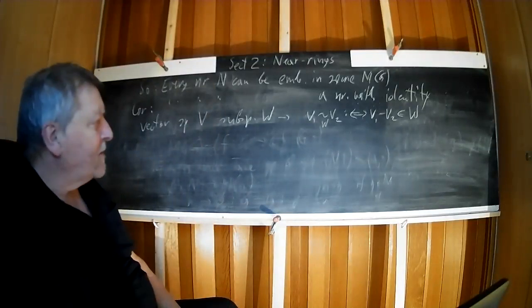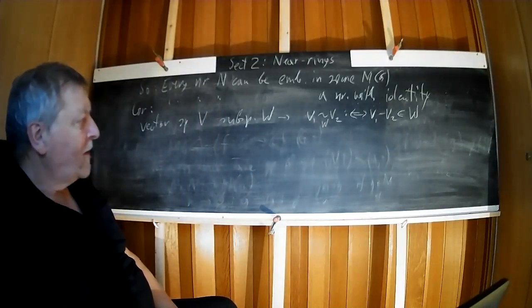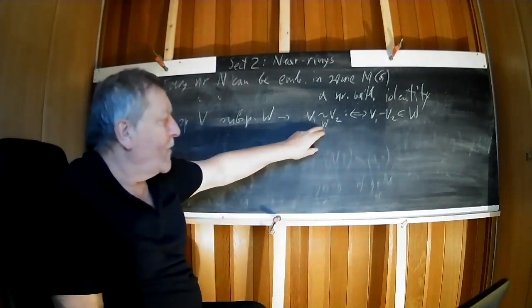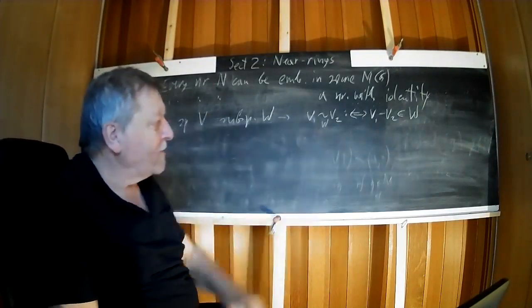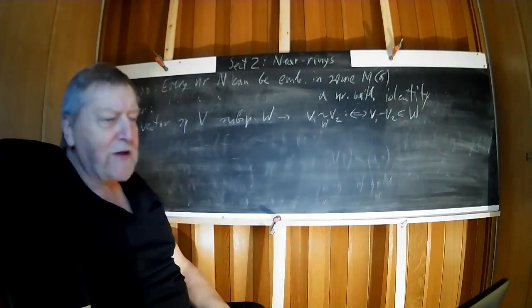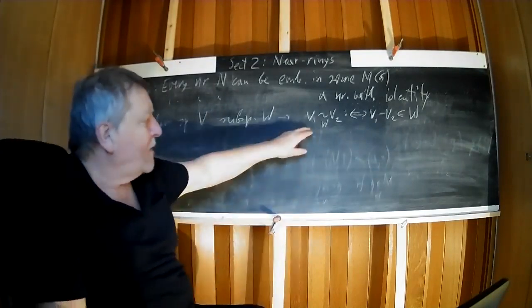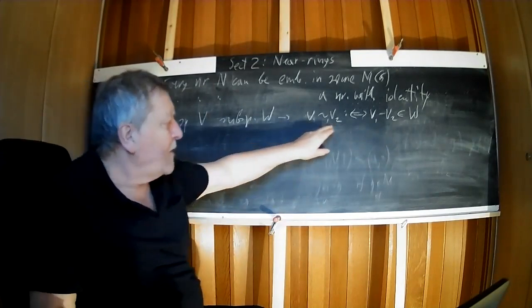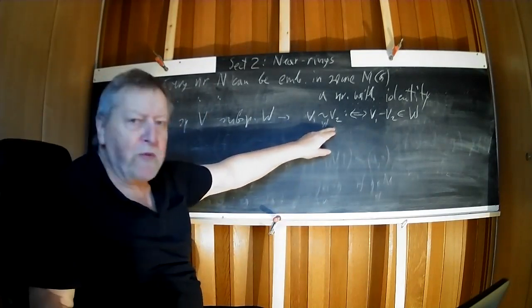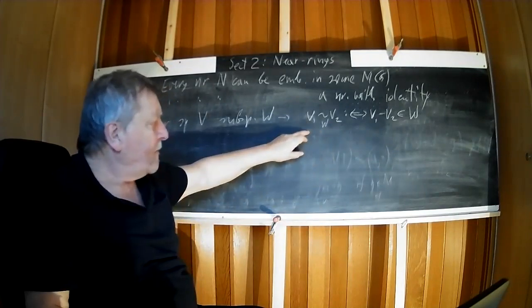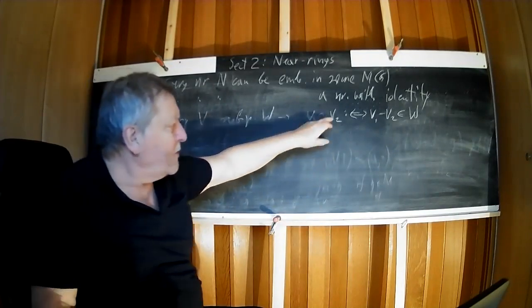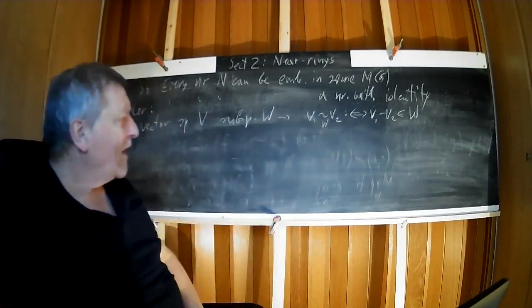And it turns out that this relation here is not only an equivalence relation, which can be seen almost immediately, it is also compatible, which means that if you have another pair v1 prime, which is equivalent to v2 prime, then the sum v1 plus v1 prime is equivalent to v2 plus v2 prime.